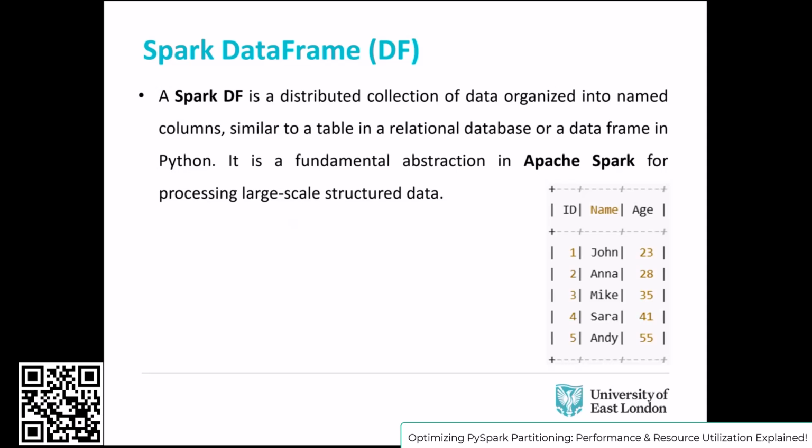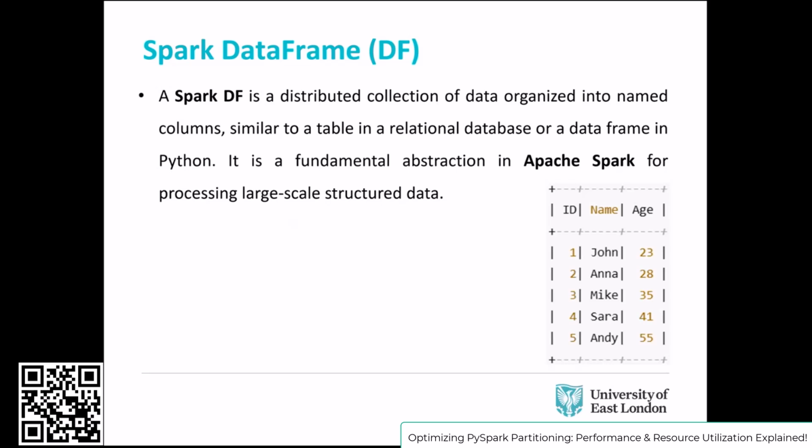In Spark, we have two data structures. One of them we call the data frame, or DF, and we have one more we call RDD. It's somehow different. It's not related to us, because for machine learning we usually need tabular data. If you need tabular data, we have to work with data frames, the DF data structure.